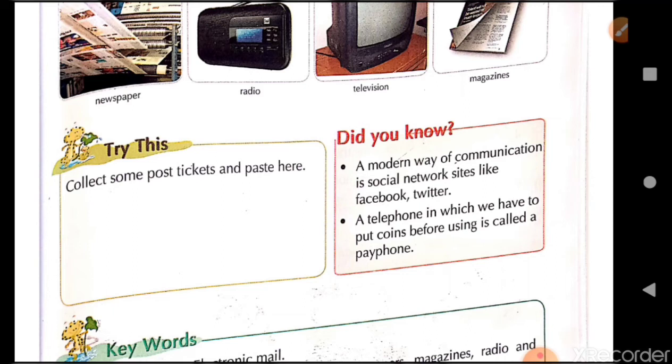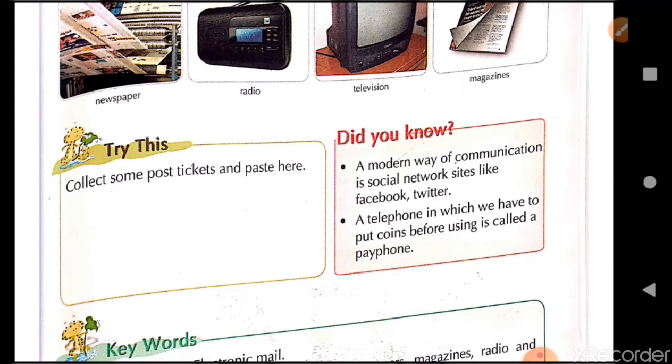Earlier, when suppose there was any emergency, suddenly somebody falls ill in the family, people wanted to inform their relatives or anyone. It used to take a long time. It was a very tedious procedure, but now we have so many ways to communicate. We have mobile phone, messages are there, WhatsApp is there. So these are very common, and these are all modern means of communication which have made our life very easy.